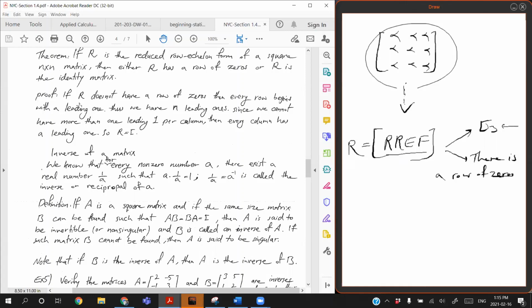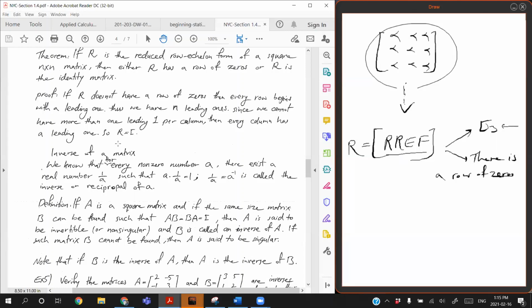So I'm going to read the proof again. If R does not have a row of zeros, then every row begins with a leading 1. Thus, we have n leading 1s. Since we cannot have more than 1 leading 1 per column because of the echelon form, every column has a leading 1.